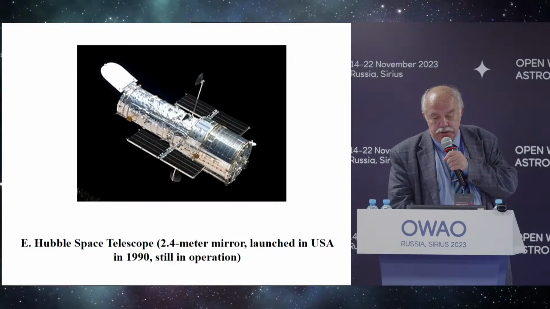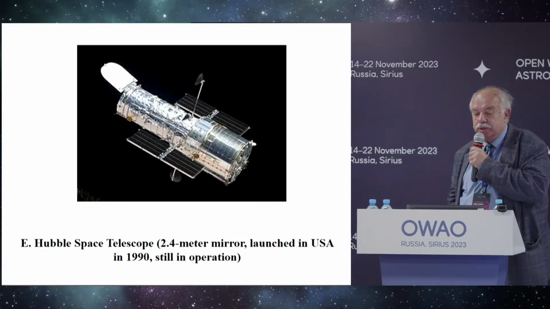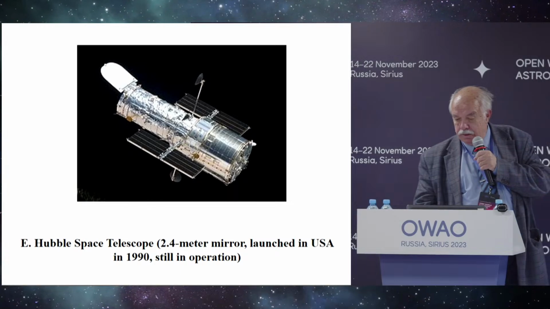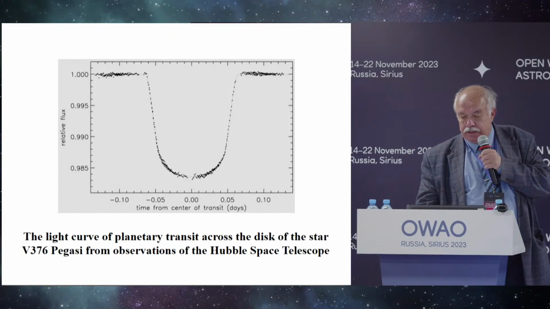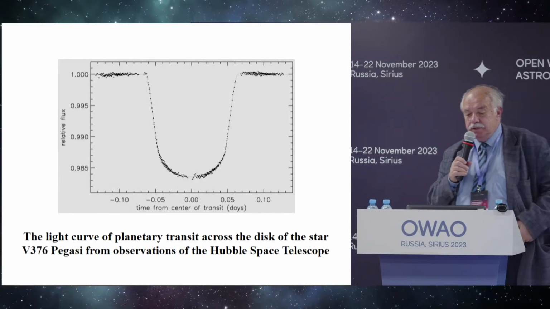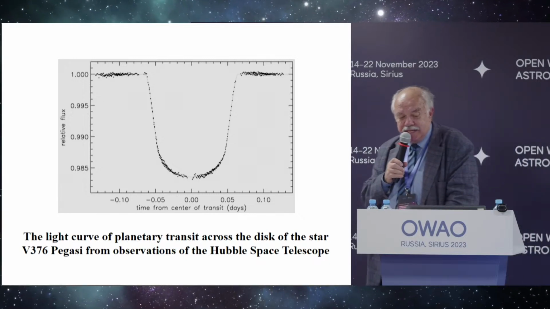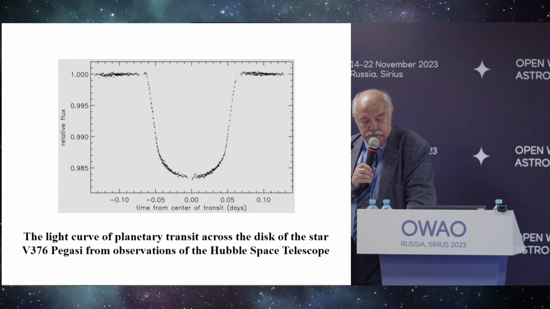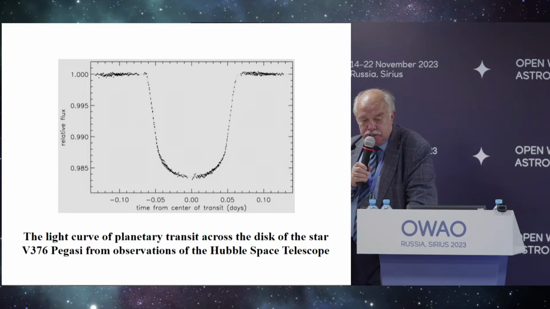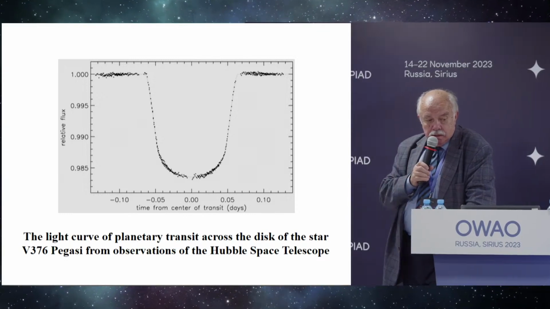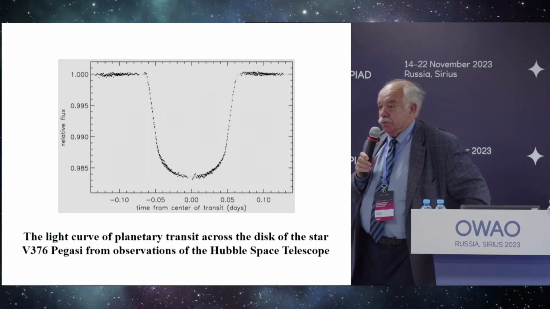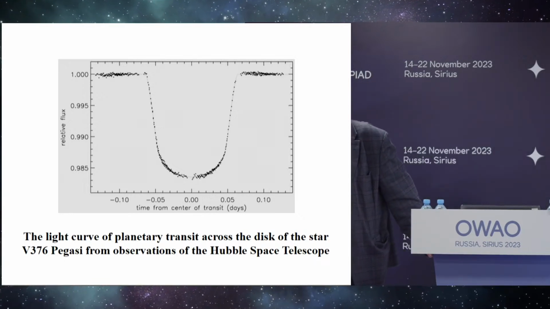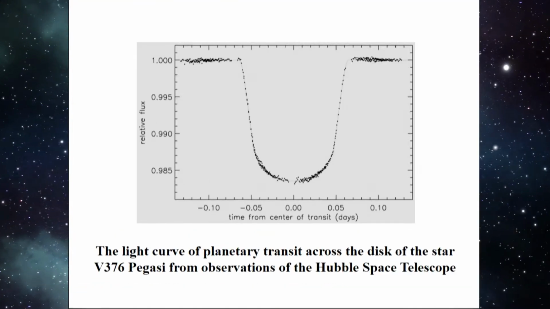Another space project, Hubble Space Telescope, I have already mentioned it. And here is the light curve of planetary transit across the disk of a variable star. The amplitude in magnitudes of this event is not very small. It's 0.02.